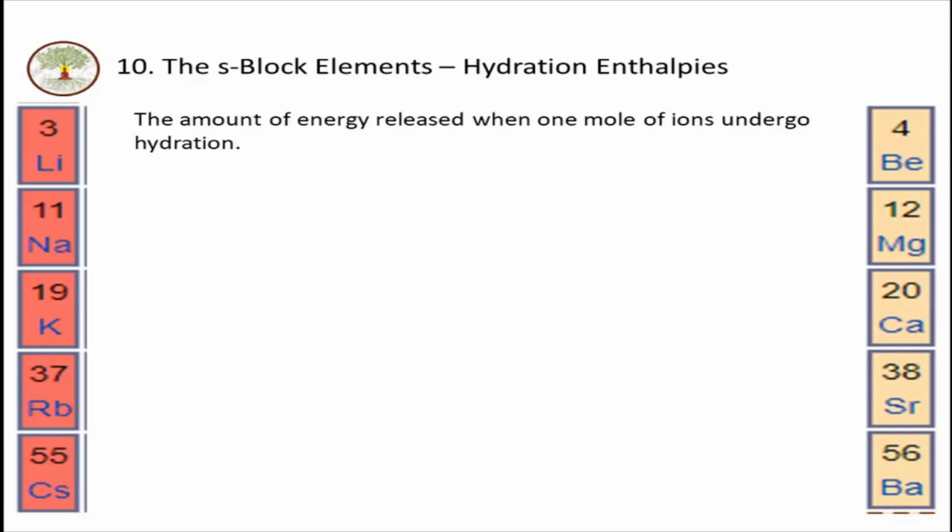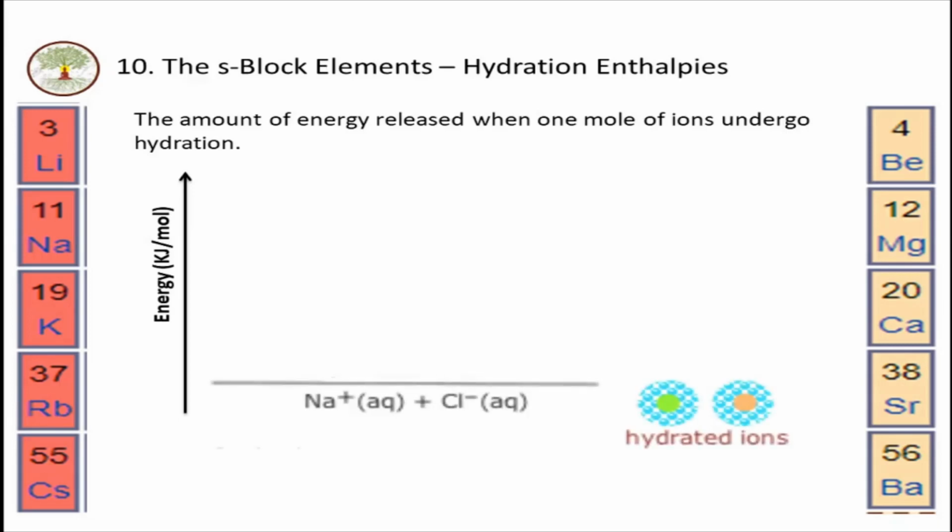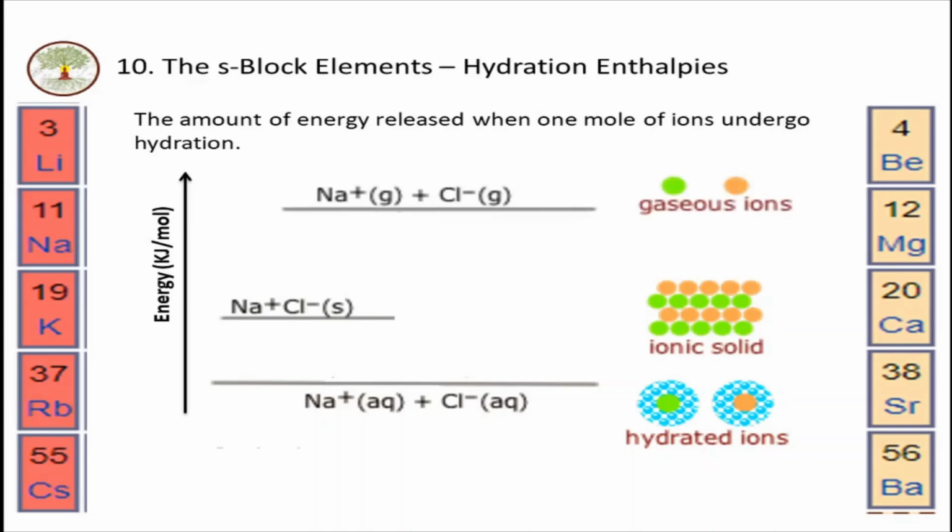Let us take an example of sodium chloride to understand better. If we plot the energy level diagram of the three species of sodium chloride, that is, the hydrated or aqueous form, the ionic or solid form, and the ionized gaseous form, we see that sodium chloride in the hydrated form has the lowest energy.